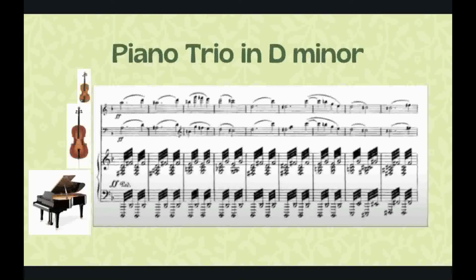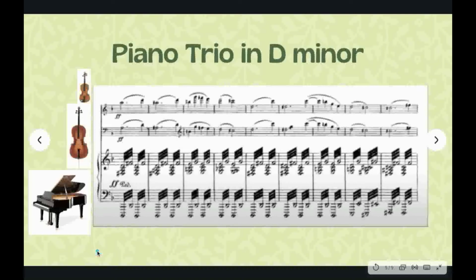Then the staff directly beneath that is your cello. And then, of course, your piano, you play with 2 hands. So the piano needs 2 staffs, one for the right hand and one for the left hand. So this is what the piano would be playing in the right hand, and this is what the piano is going to be playing in the left hand. Left hand piano, right hand piano, cello, violin.